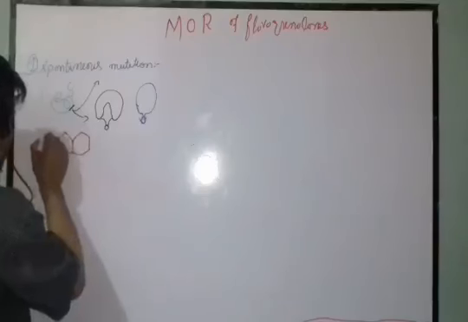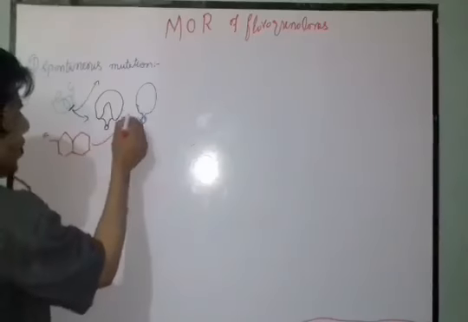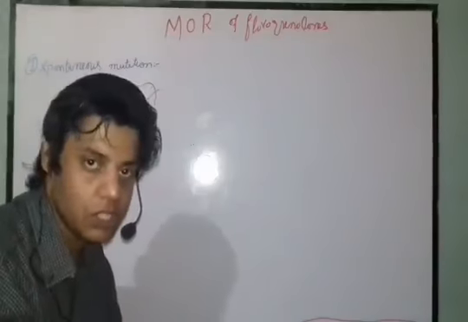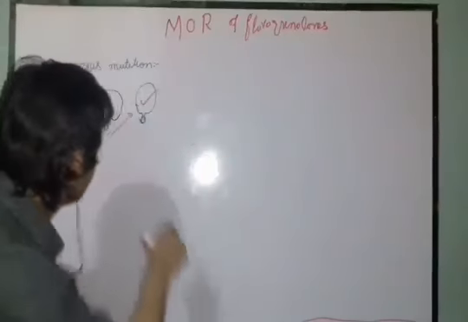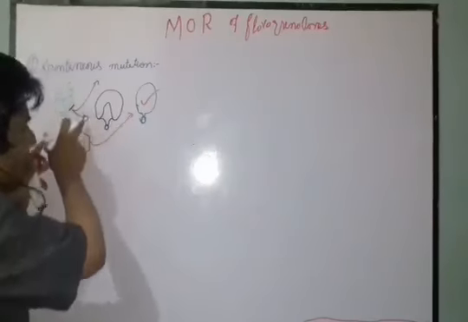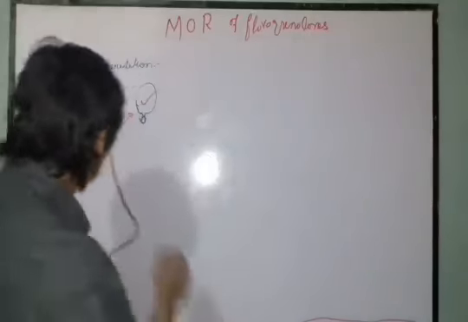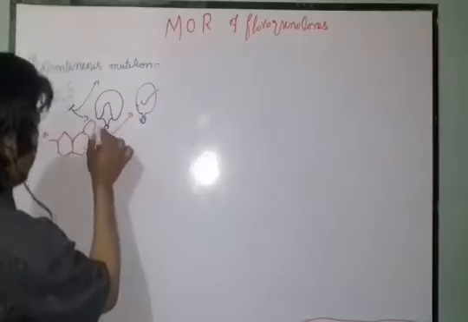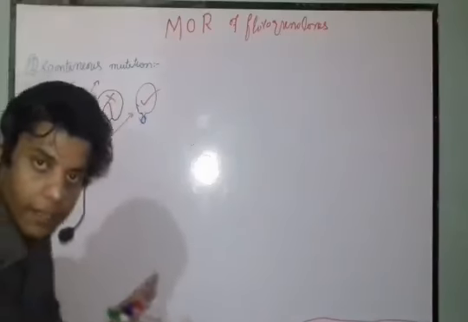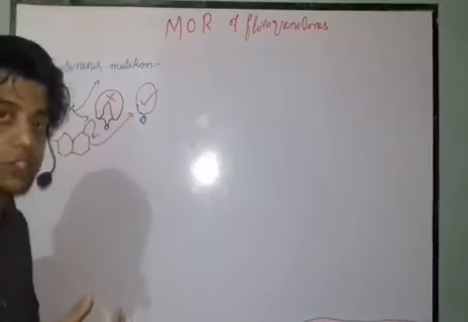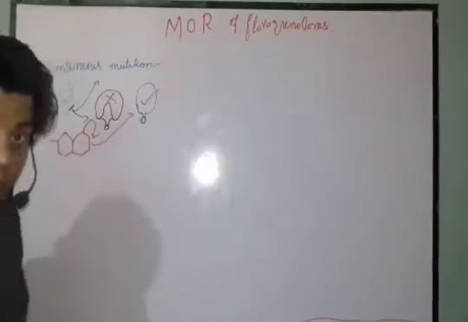In this case, this fluoroquinolone is attached here. They have the affinity. But if the mutation occurs, the drugs lose their affinity. They come, but they do not bind here. They lose their affinity. This is the first resistance which is activated against this fluoroquinolone.